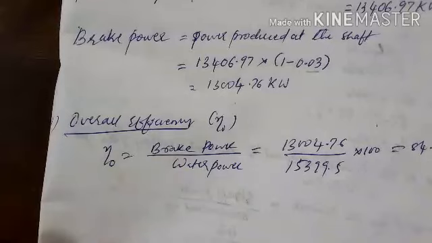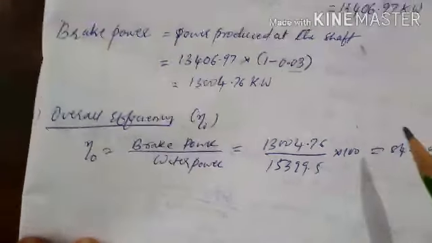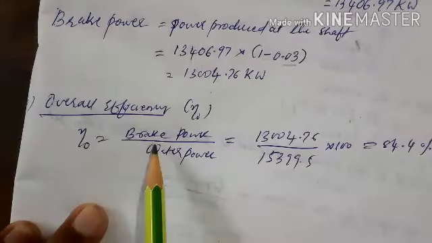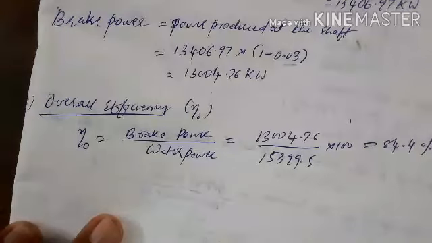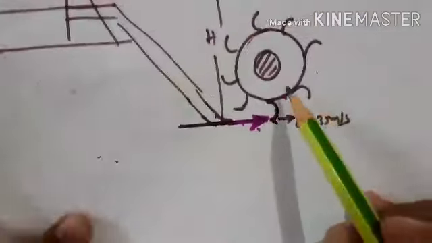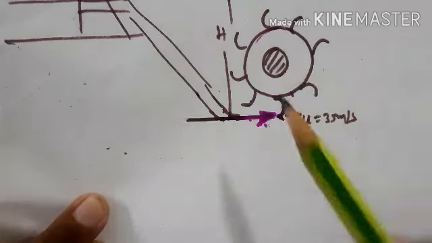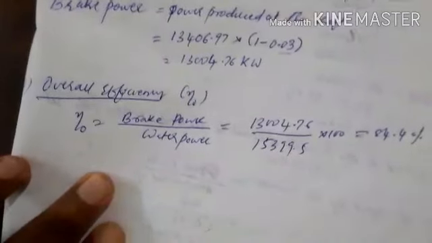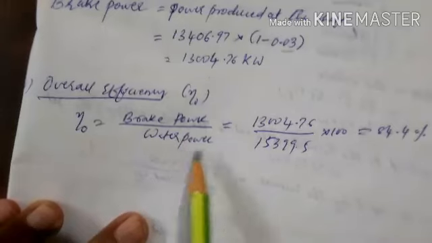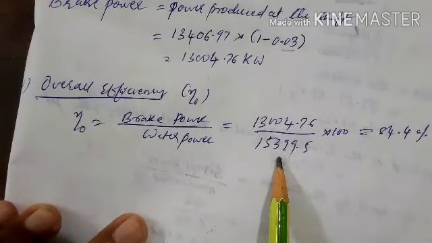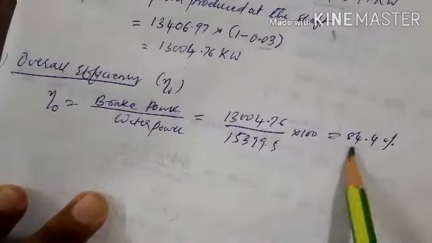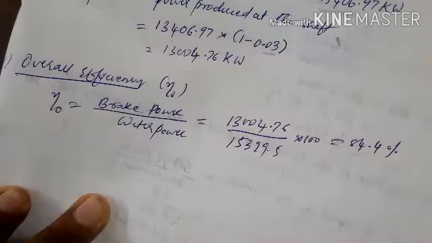Then the overall efficiency, how much efficiency the Pelton wheel is developing. As we know the formula, overall efficiency is brake power by water power, meaning how much efficiency is available at the shaft. We know the brake power and also the water power. So the overall efficiency will be 84.4%.